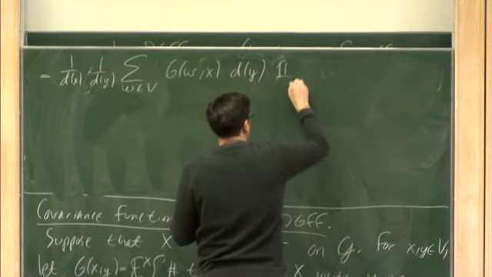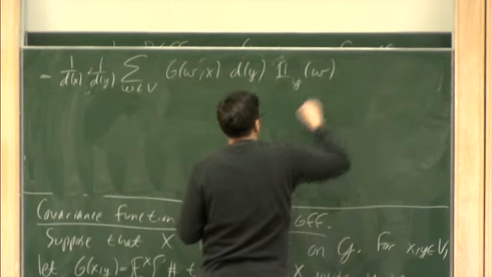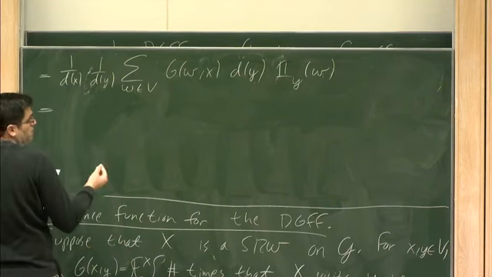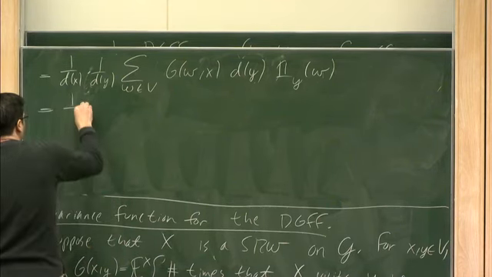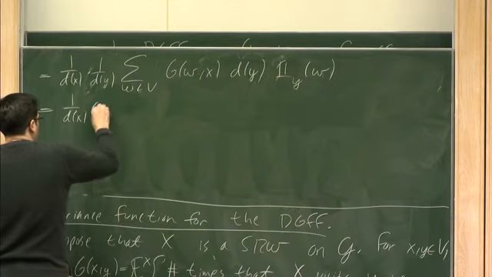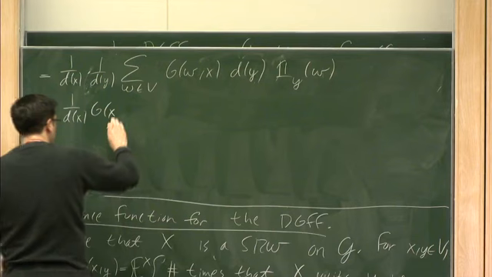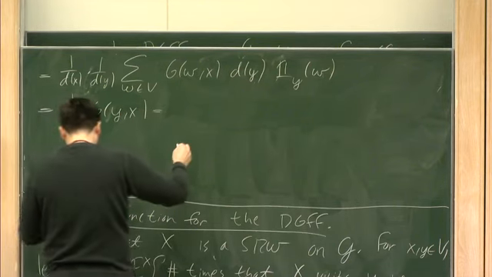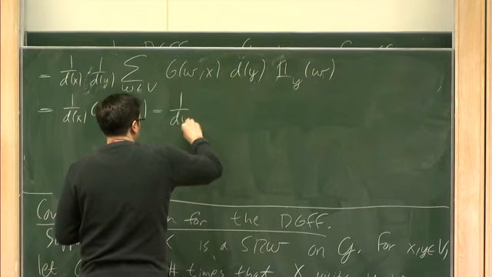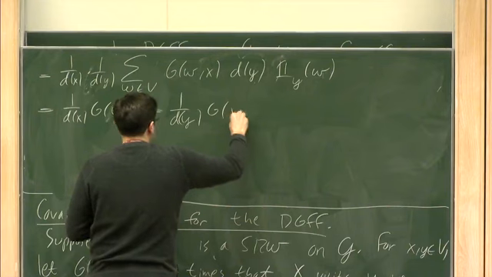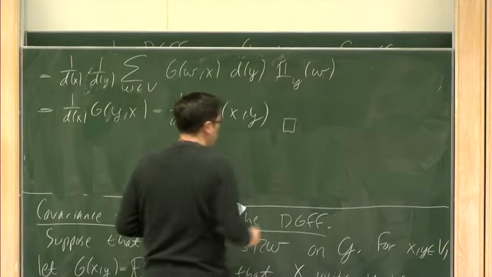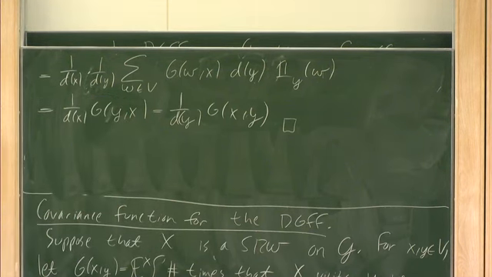It is also present in the Laplacian. And if you just sum this up, what is this equal to? This is just 1 over d of x times g of yx, and that's the same thing as 1 over d of y times g of xy. And that's the end of the derivation of the covariance function for the discrete Gaussian free field.